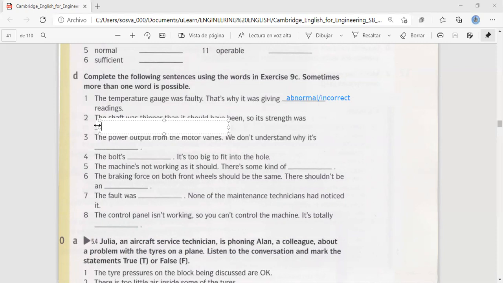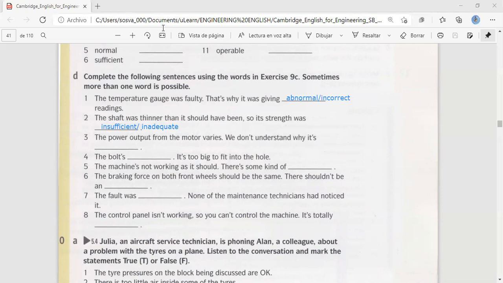Insufficient, yes. Or there's another one. Inadequate. Yes. Both of them are correct. Then the third one says that the power output from the motor varies.